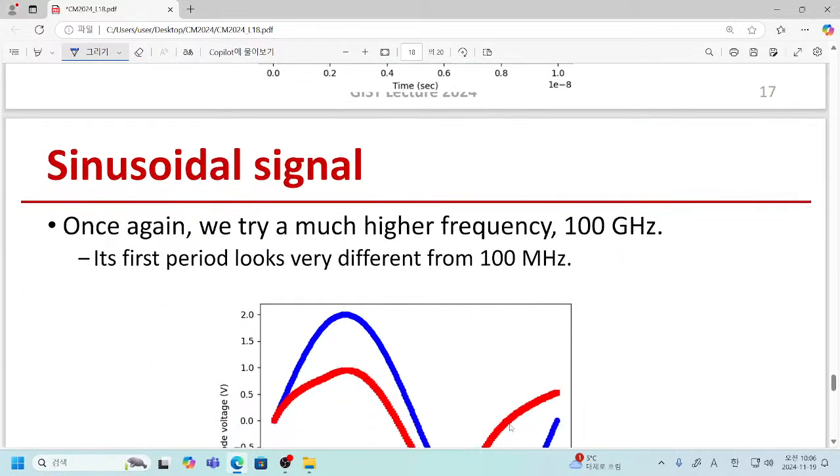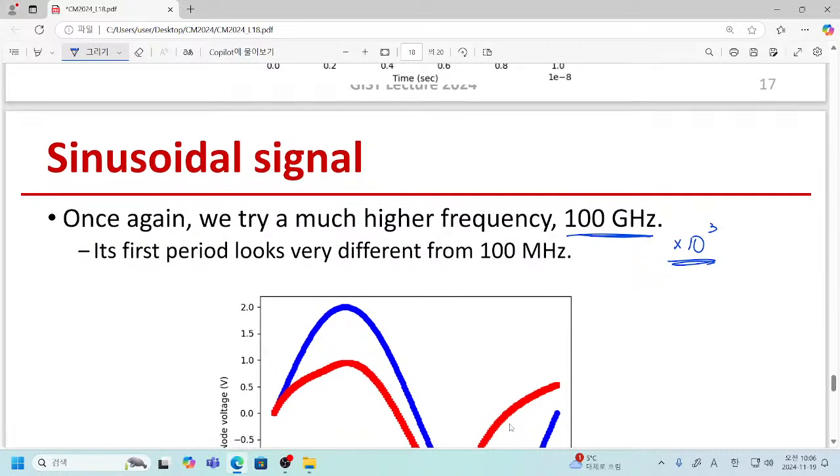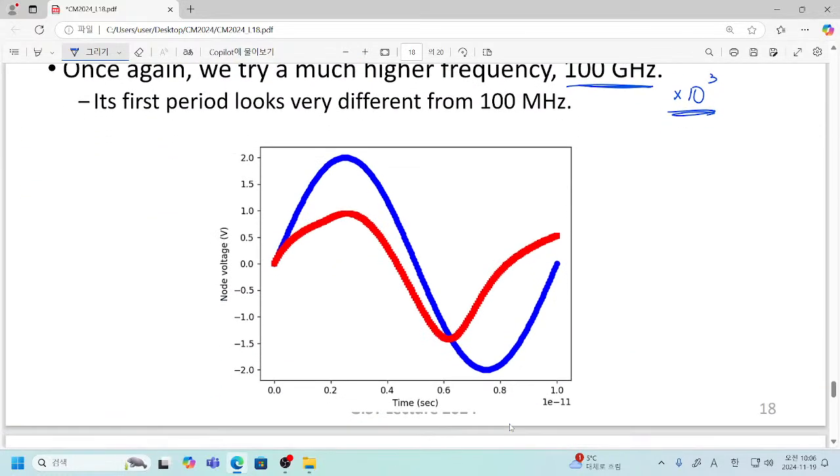However, now let's try to make it 100 gigahertz, 1,000 times higher than before. And now you can see that this is the very first period, or very first response, of our rectifier.